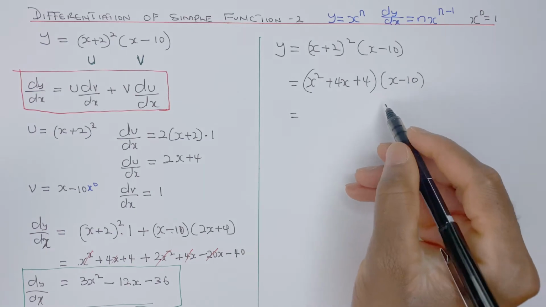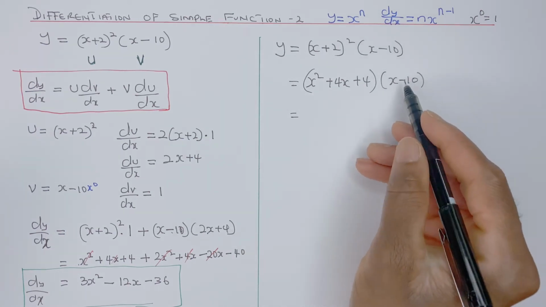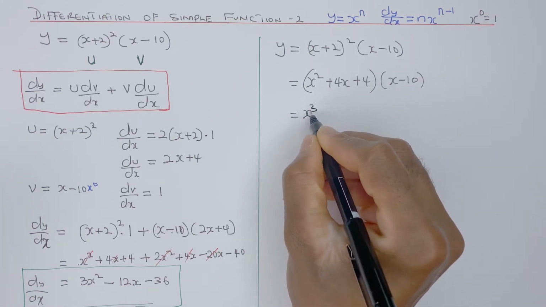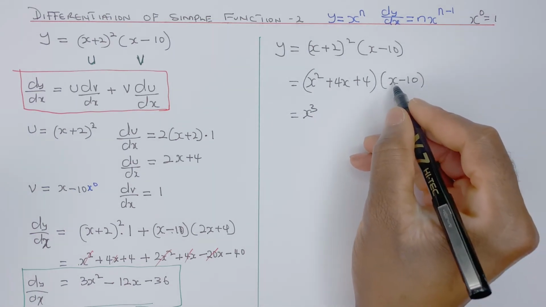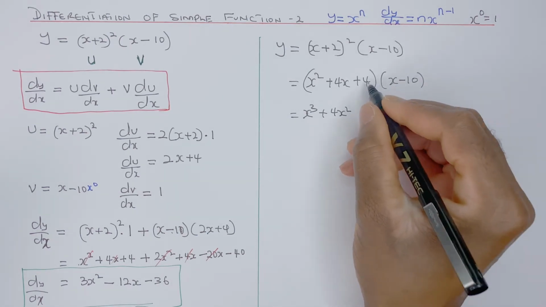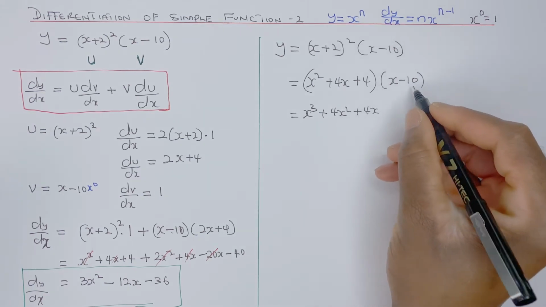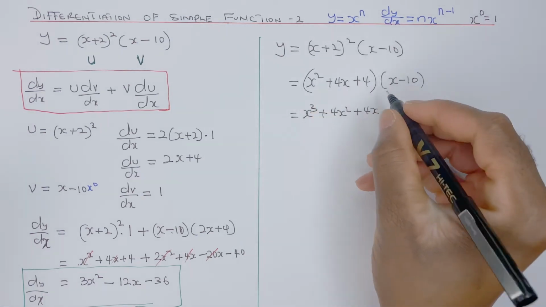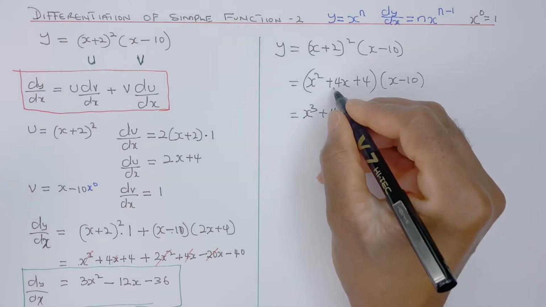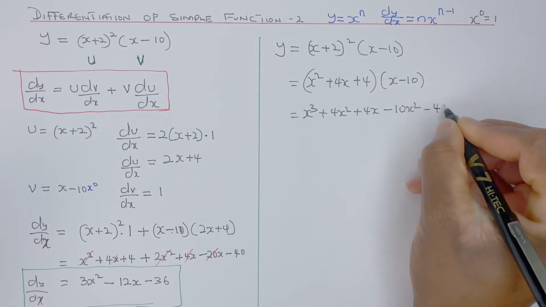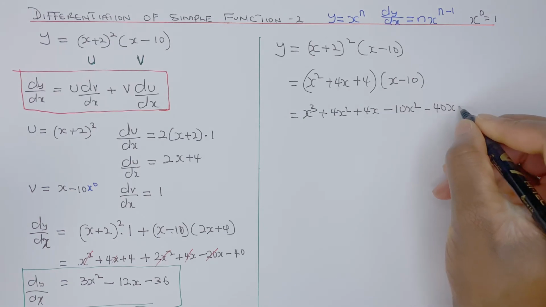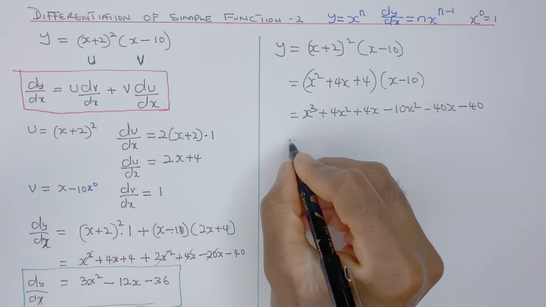Okay, so now, it depends how you want to do it. You can do x times x squared is x cubed, plus x times 4x is 4x squared, plus x times 4 is 4x. Minus 10 times x squared is minus 10x squared. Minus 10 times 4x is minus 40x. Minus 10 times 4 is minus 40.